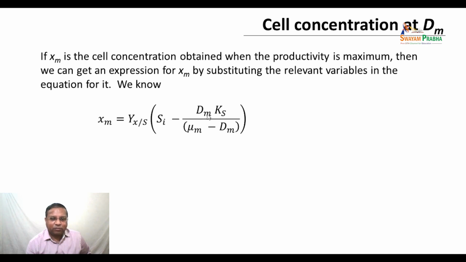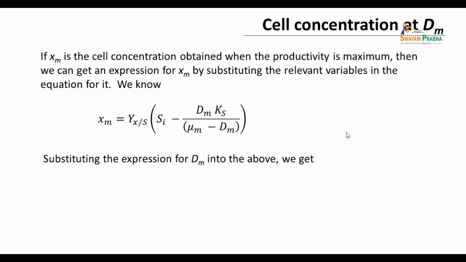So D should actually be Dm here. The rest are the same: Yxs times Si, the inlet concentration, so there is no change here. D has become Dm, Ks is a constant, mu m is a constant, and D has become Dm here.